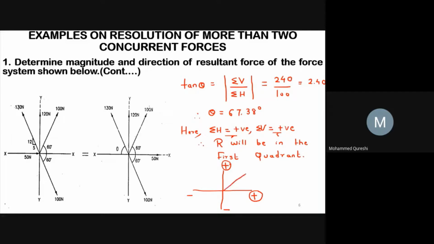So just we have to locate the position of R as 260 Newton in the first quadrant and making an angle theta of 67.38 degree with horizontal. So by this way you have to calculate the magnitude and direction of resultant force.